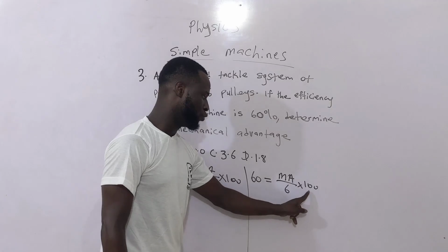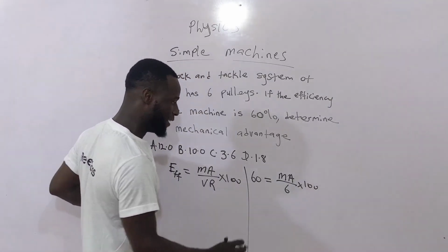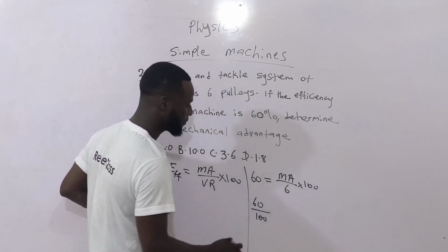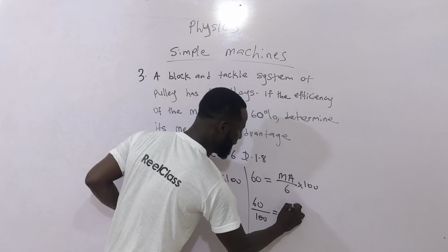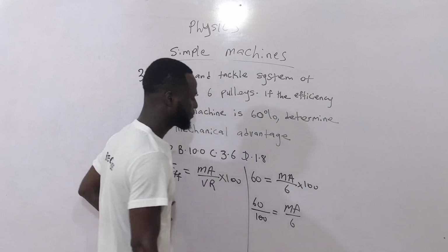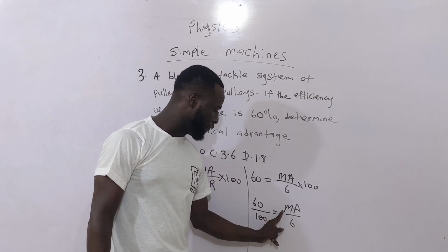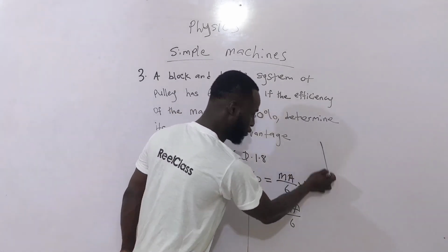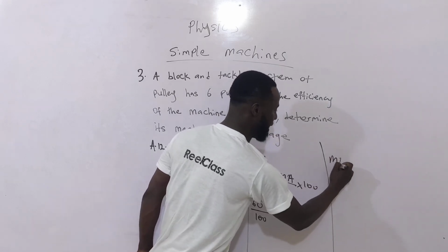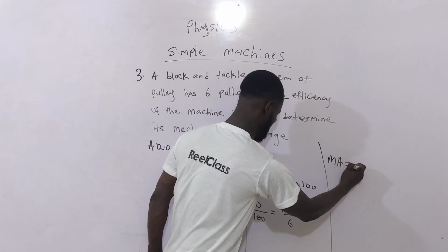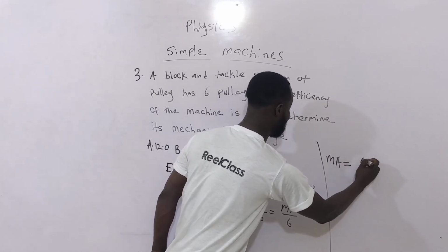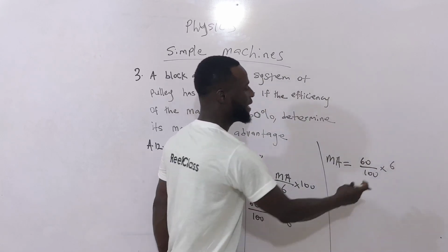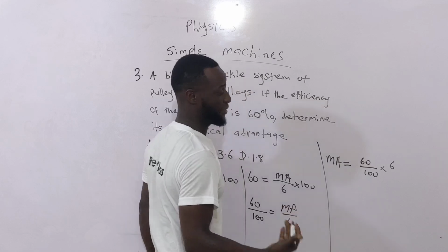Now, divide through by 100. If I do that, I'll have 60 over 100 is equal to MA over 6. To make MA the subject of the formula, I'll multiply both sides by 6 to take this 6 away from here. And if I do that, I'll have MA to be equal to 60 over 100 times 6. 6 times 60 will give me 360.